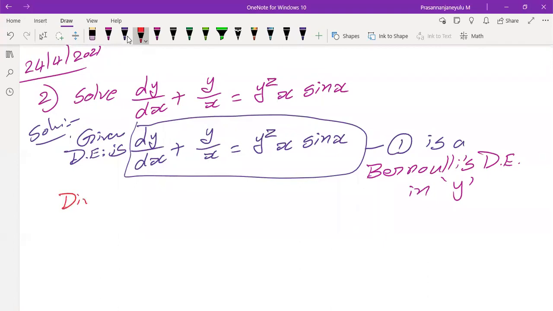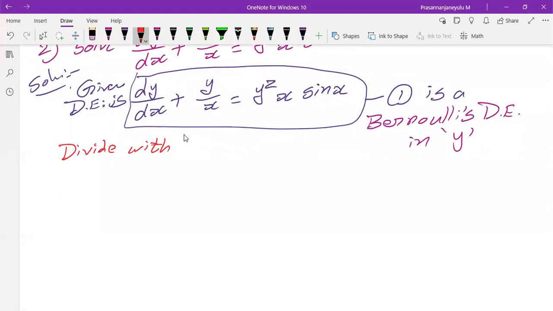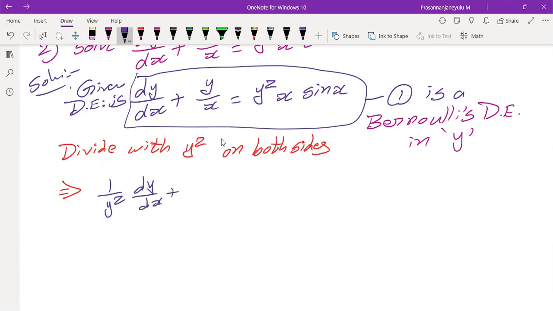So divide with, what is the y power n value in the problem? N value is 2. So divide with y square on both sides, then what we'll get? 1 by y square into dy by dx plus 1 by x into y by y square is equals to y square x into sine x by y square.